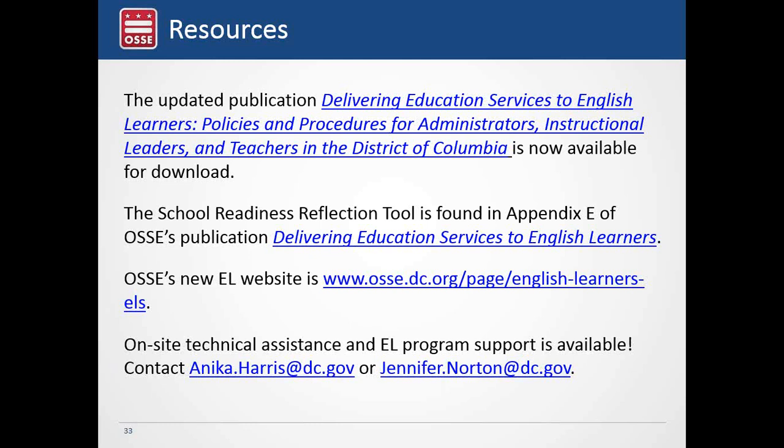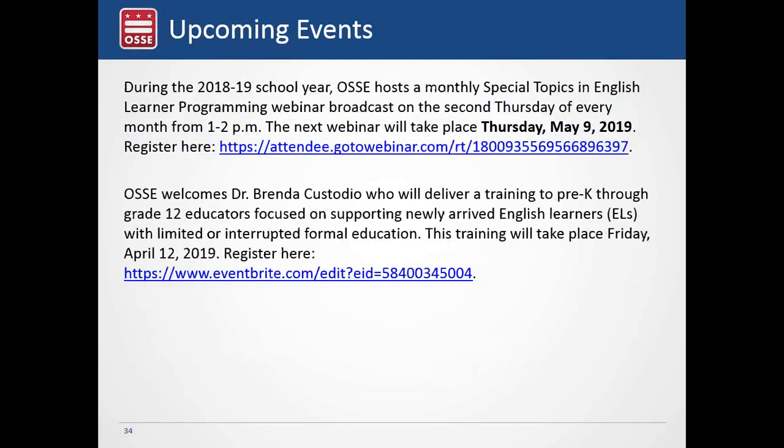It's found in Appendix E, and it outlines the components of a sound EL program. On OSSE's website, we now have a page dedicated to language acquisition, and the link for you is there on the screen. And if you'd like support in any way, you can contact me at anika.harris@dc.gov or our EL program manager, Jennifer Norton, at jennifer.norton@dc.gov.